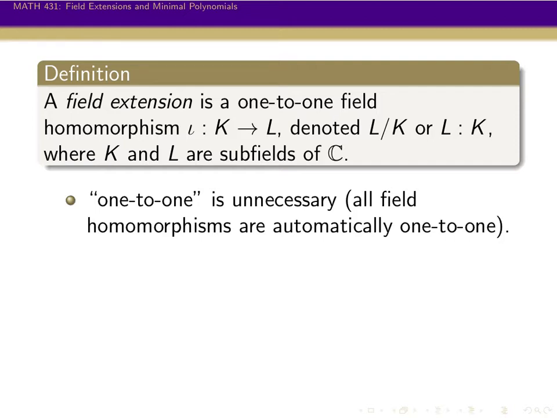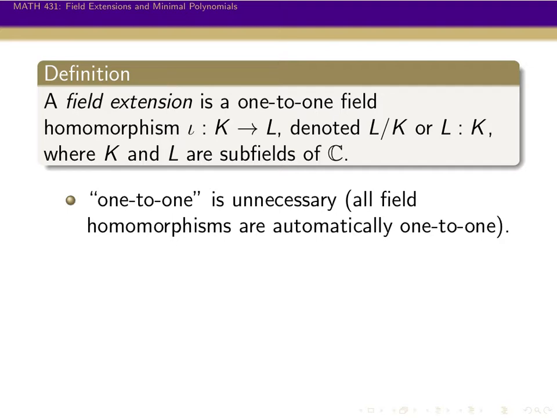And so the only ideals of K are 0 and itself. If the ideal was all of K, then you'd just be mapping to 0, and that's not really a field homomorphism, because 0 by itself is not a field. You have to have 1 in it. So if we're talking about a field homomorphism, it automatically has to be one-to-one. And so I could have left that out.